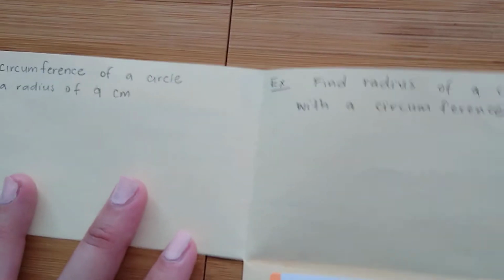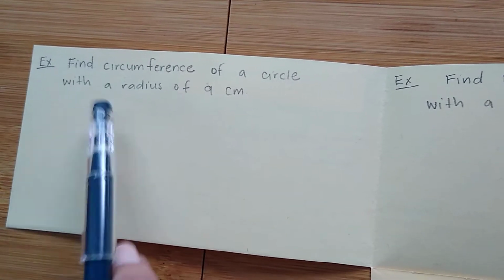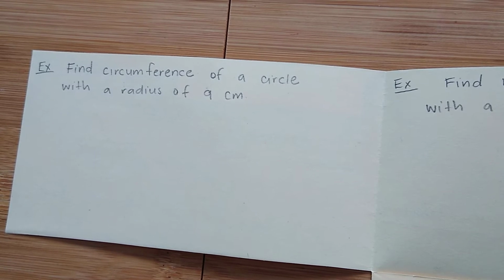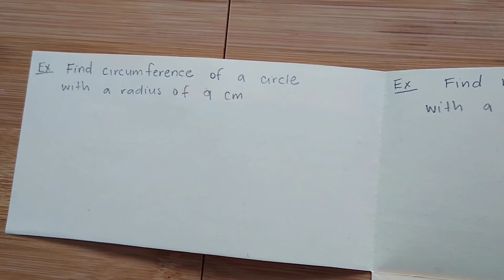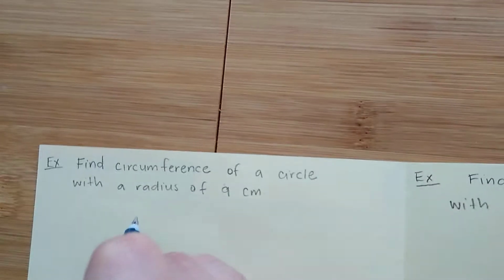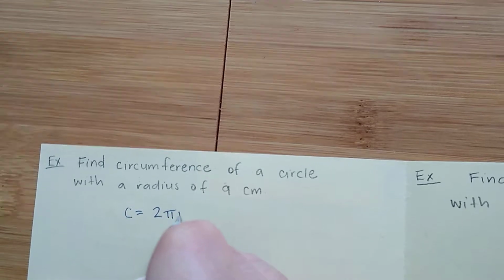So as we go ahead and open the flap for the very first example, it says, find the circumference of a circle with a radius of 9 centimeters. So again, we know that the circumference is 2 pi r.